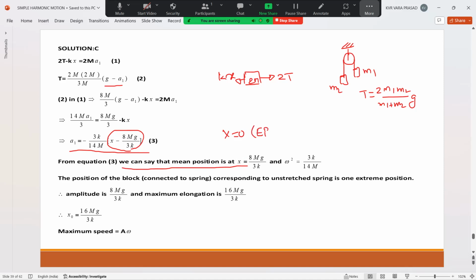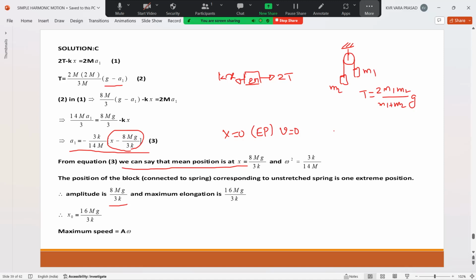Because there velocity equal to 0, right? So when the extreme position is x equal to 0, corresponding to mean position 8mg by 3k, that means the amplitude is 8mg by 3k.